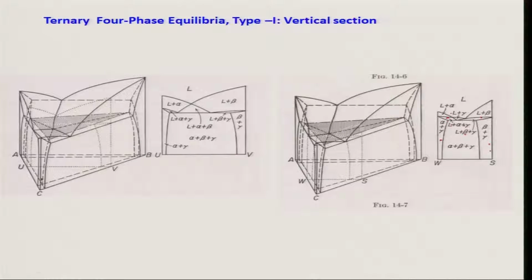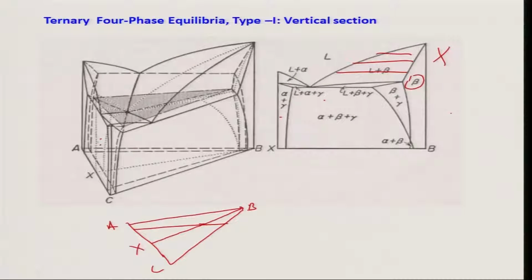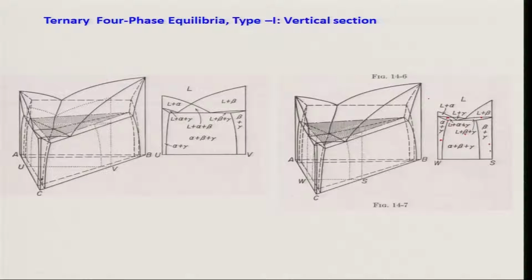Then above that you have liquid plus alpha and liquid plus beta. This side is getting repeated on the right side. Similarly, if I take along UV, which is a little bit longer and closer to AB than WS, you have all the regions remaining the same.